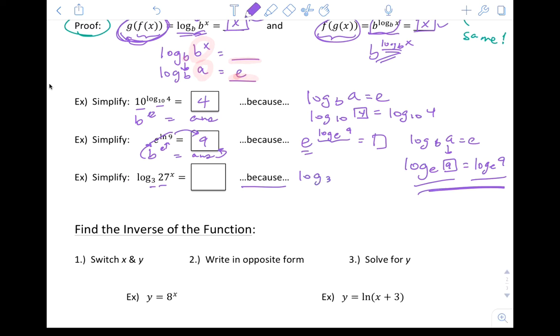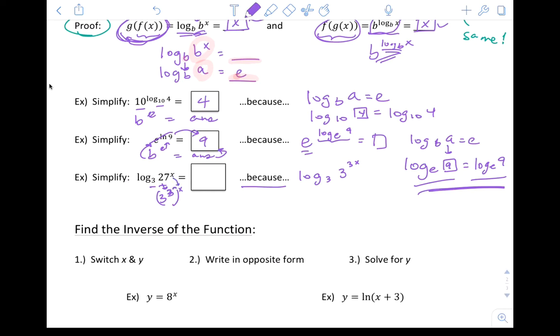Instead of 27, what if I wrote 3 cubed instead? Isn't 3 cubed 27? 3 times 3 is 9 times 3 is 27. So 27 to the x is really 3 to the 3x. Keep in mind, if 27 is 3 cubed and you have an x that's being raised, you have a power to a power.